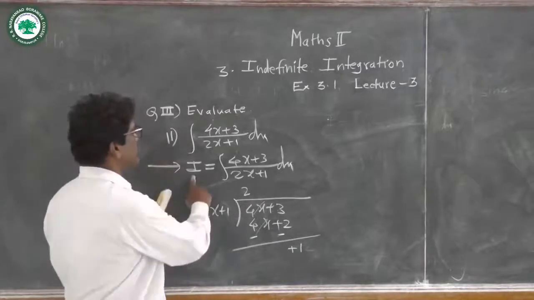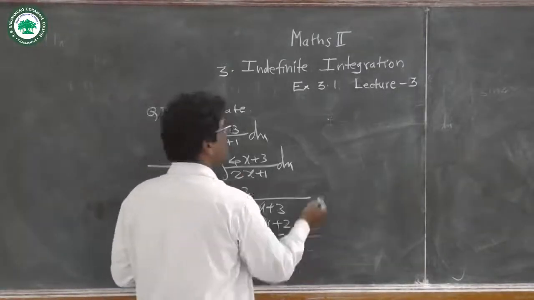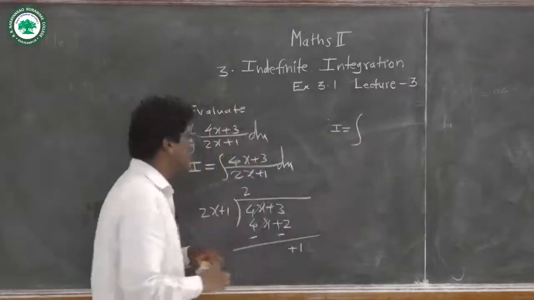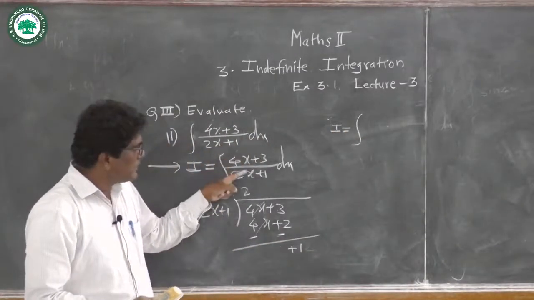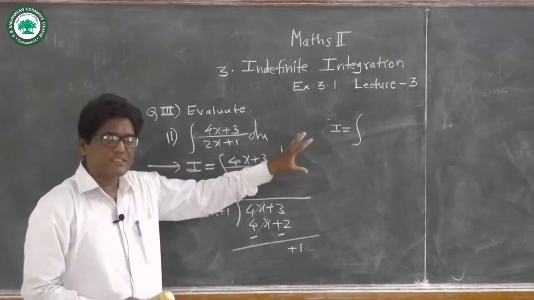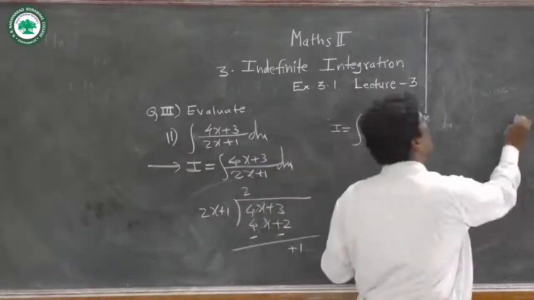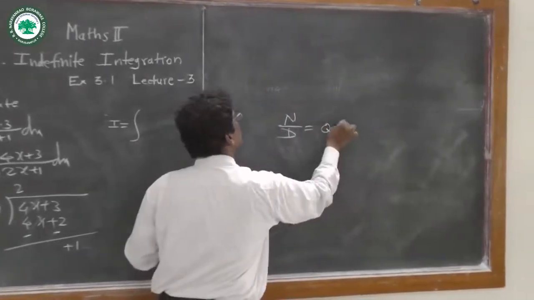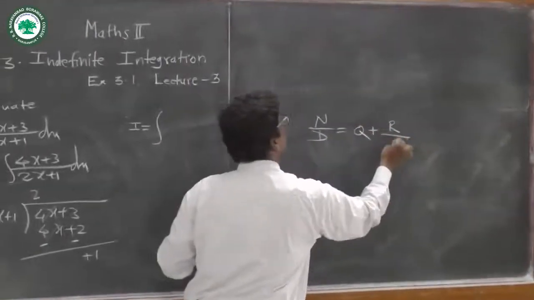And now write this I. So I is equal to the required integral. We write numerator upon denominator as quotient plus remainder divided by divisor.